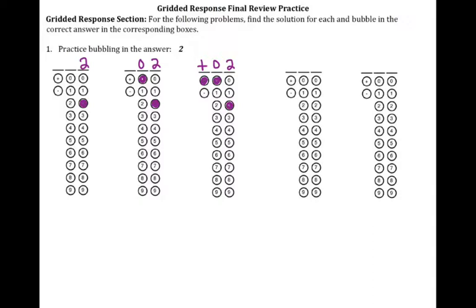I would just go with the first one. I could also do plus 2. And I can do plus 2 with the 2 in the middle. So just 5 different ways that you can put in 2 as your answer. Once again, this first one is my favorite because it is the most simple.